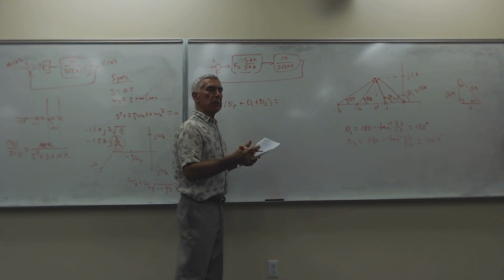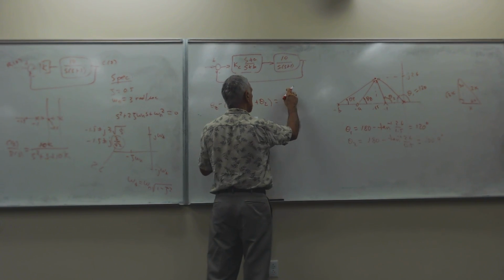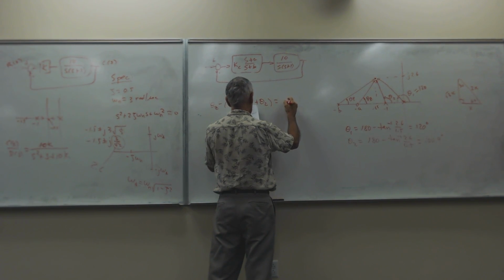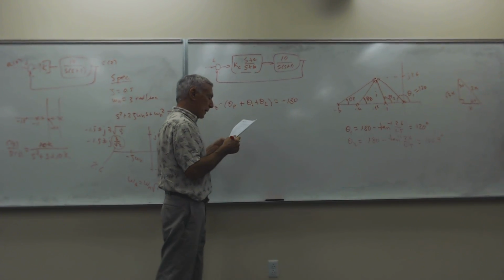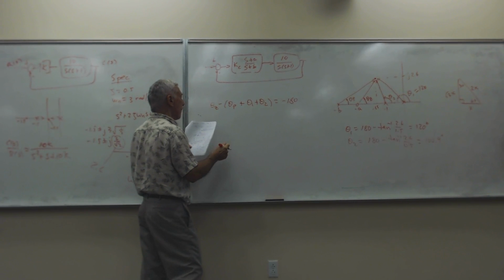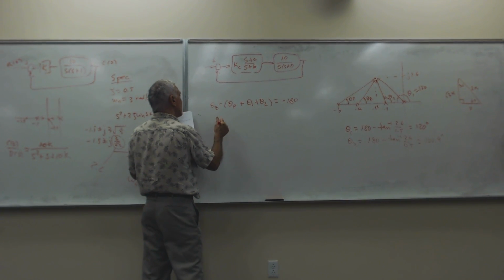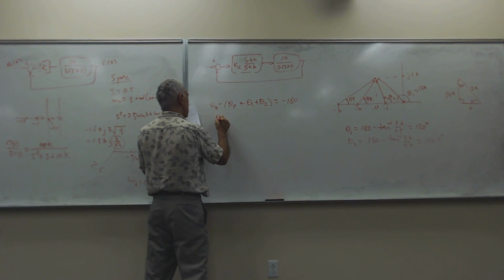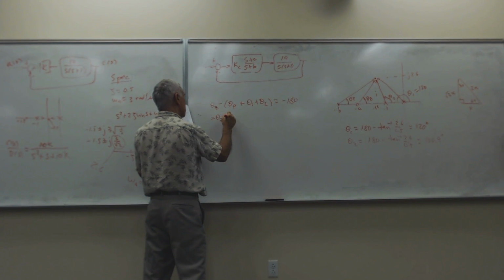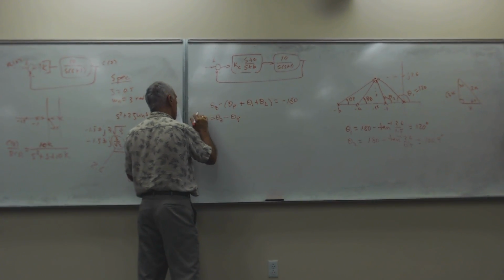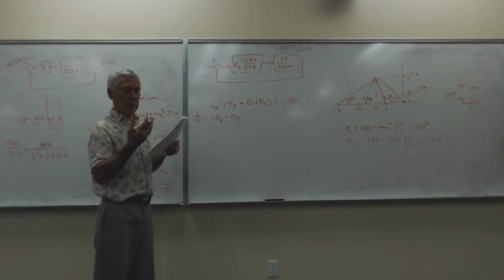You can use whichever gives you the simplest answer. Say I chose 180 minus 180 here, and we'll call this difference theta z minus theta p phi. The book calls it phi.